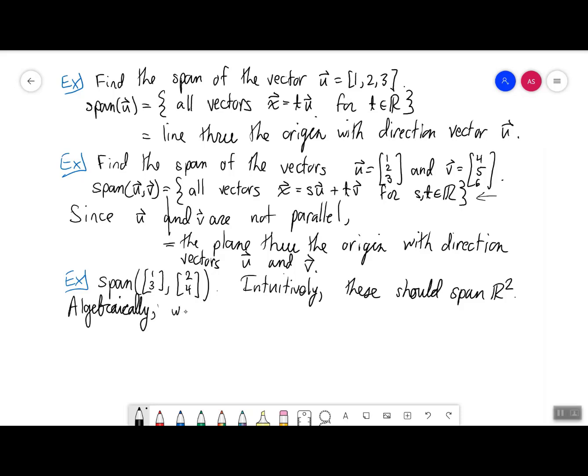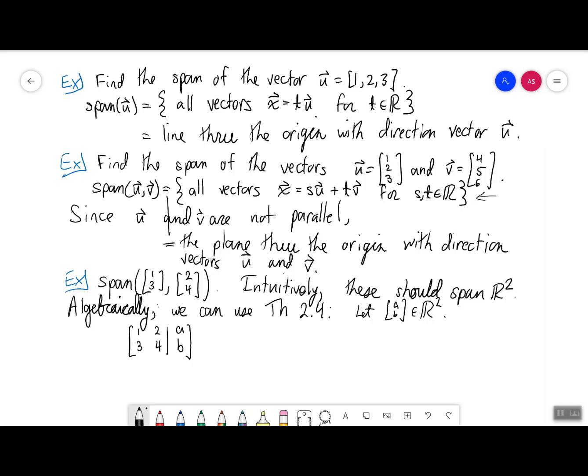we can use theorem 2.4. Putting these vectors into the columns of a matrix, and putting a, b on the right side. Actually, let me specify. Let (a, b) be any vector in R2.